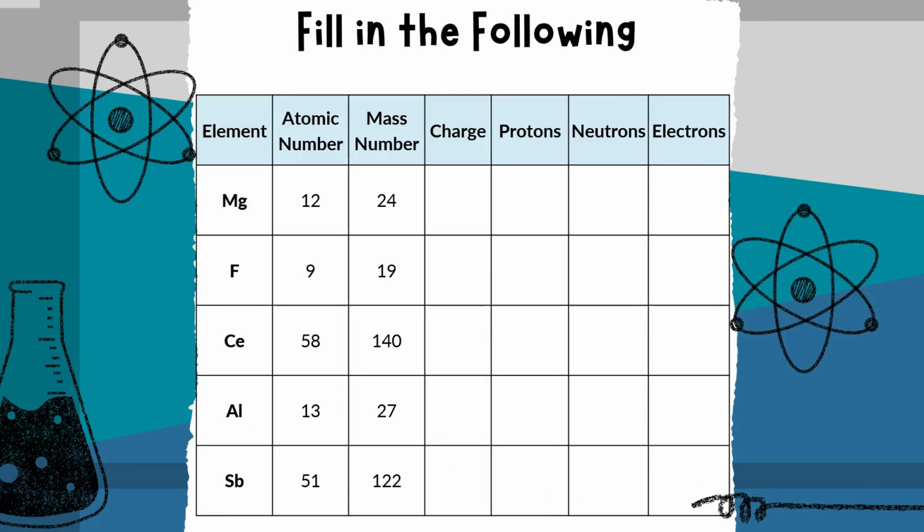Fill in the following. I have provided you with the elements, the atomic number, and the mass numbers. You have to tell me about the charge, protons, neutrons, and electrons in all of these elements. Put all your knowledge which you have studied in the previous lectures of mine, or if you know already. Think and then answer.